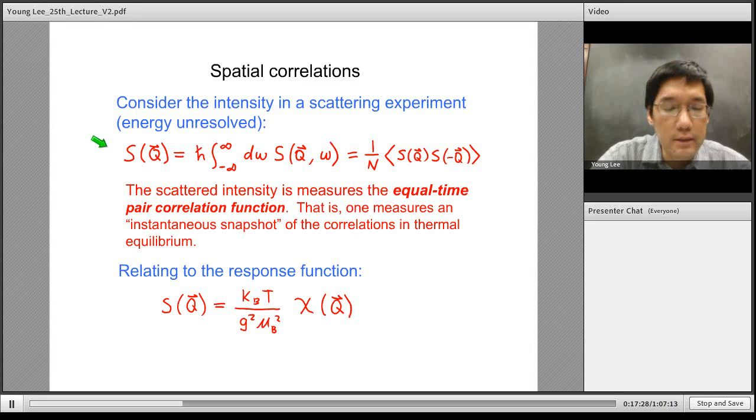Now we can relate the S of Q quantity with the response function, the susceptibility, which I talked about on a previous slide. This comes essentially from the fluctuation dissipation theorem, where you can integrate over energy, and you get this result, which is essentially the classical result. So it's a very simple relationship between what we measure with neutron scattering and a fundamental response function.